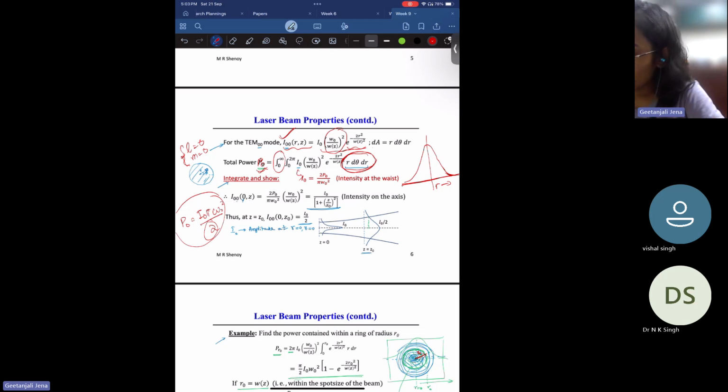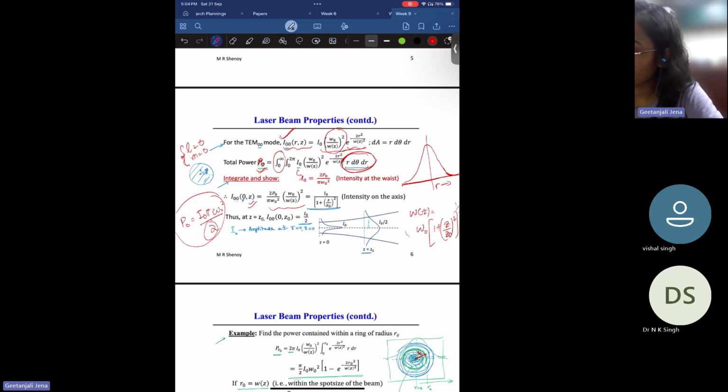That is for I00 at the center. For a non-zero value of Z, the intensity of the I00 mode will be 2P0 by pi W(z) square, that is, W0 divided by W(z) square times I0. And W(z), if you recall, is related to W0 by this formula.